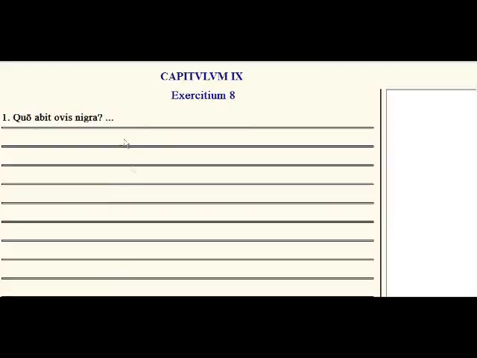Okay, we have our question and answer. So, quo abit ovis nigra? Where is the black sheep heading to? Remember, quo being to where, unde meaning from where. We know there's a few things he's heading to, right? He's heading ad rivum.